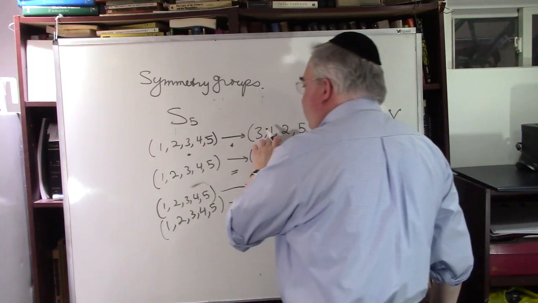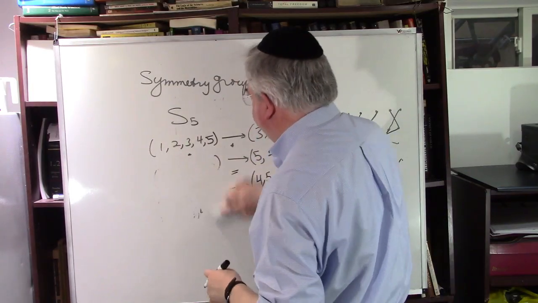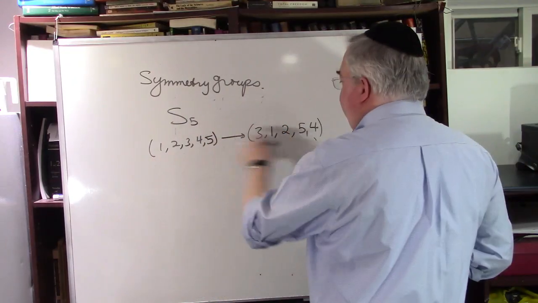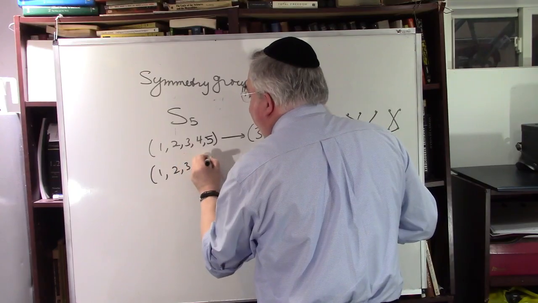So the inverse of this one is going to be from 1, 2, 3, 4, 5.